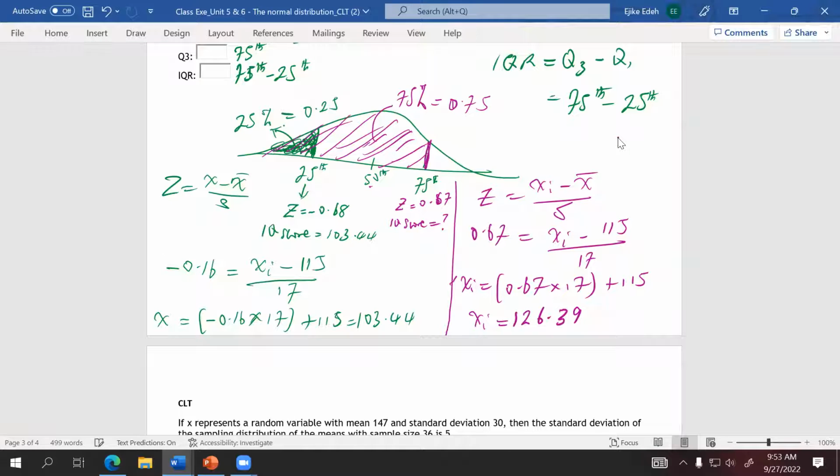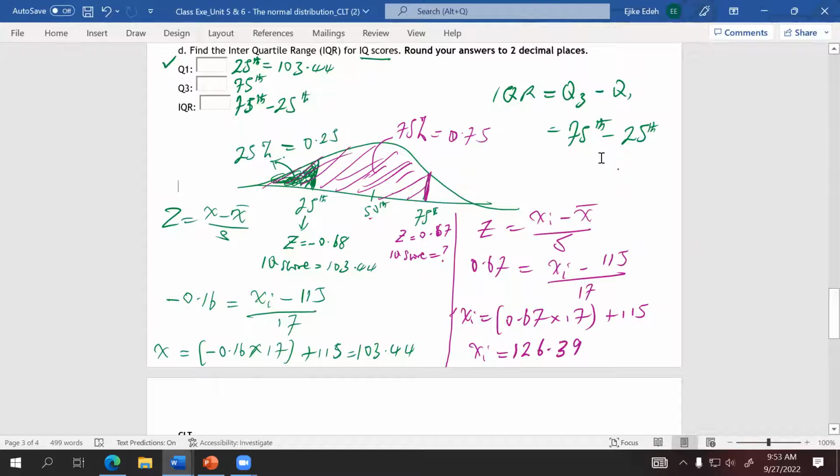Anybody getting something different? Thank you. So 126.39 is our 75th percentile. Over here, we know that our 75th percentile is equal to 126.39. So now we have Q1 and Q3, and the IQR we know is the difference between the two.